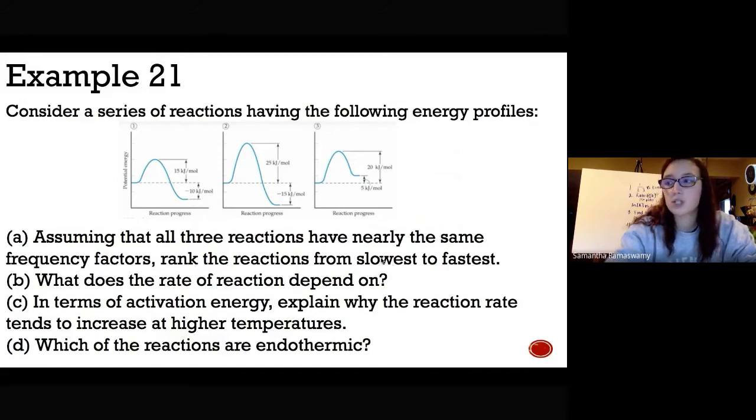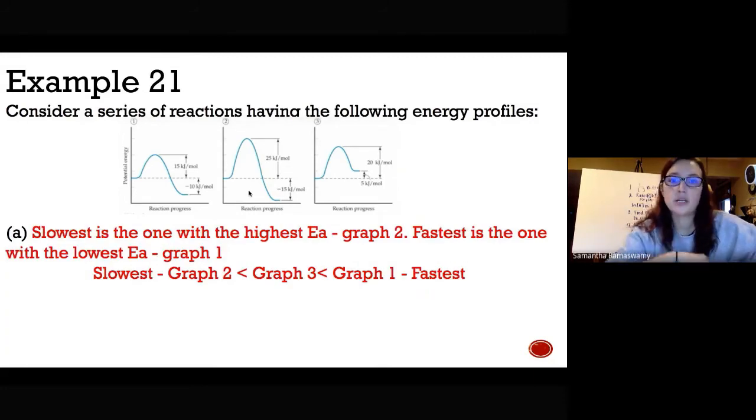We're ranking from slowest to fastest, so the slowest is the one that has the highest activation energy, because it's more difficult for the reactants to overcome that barrier and become products. It's going to take longer for them to overcome that barrier. So if we rank them, the slowest is the one with the highest activation energy, which is graph 2. The fastest is the one with the lowest activation energy, which is graph 1.